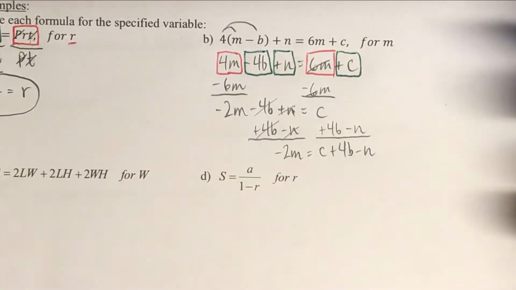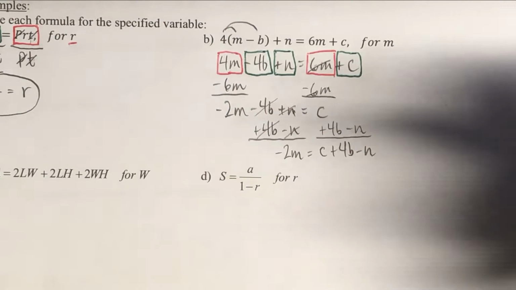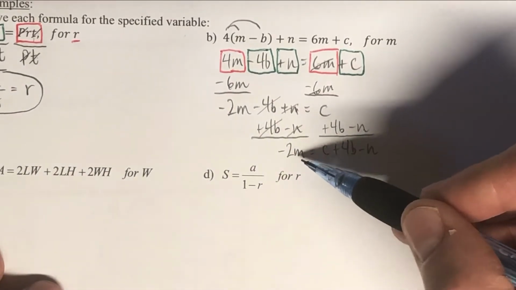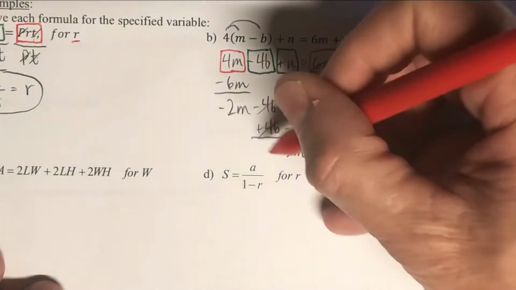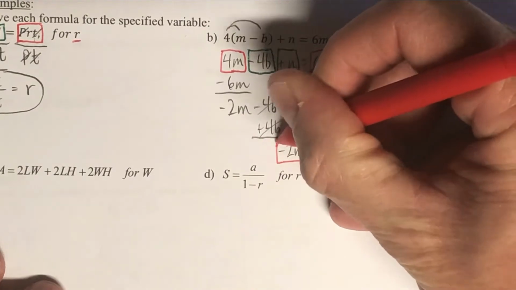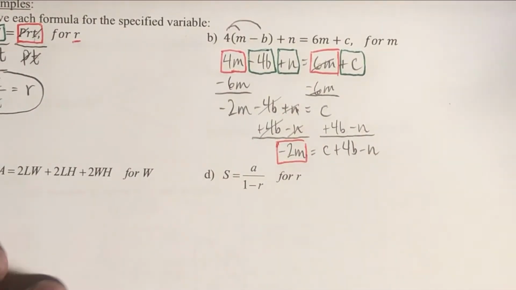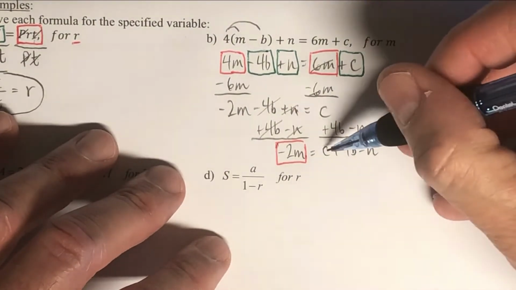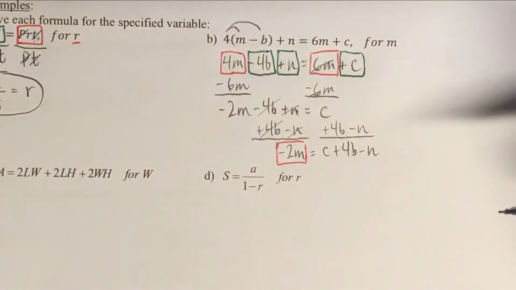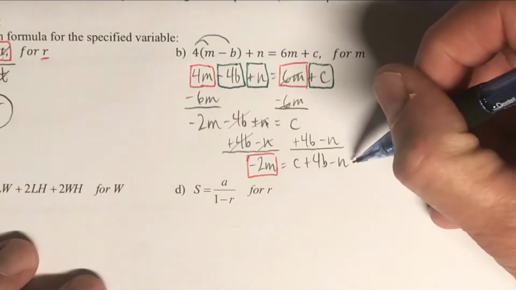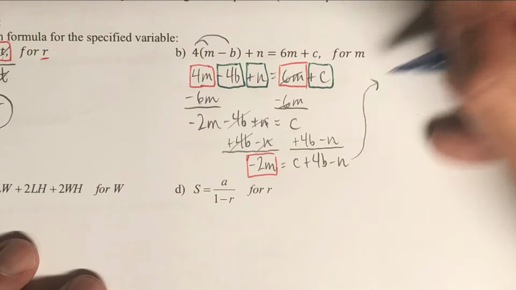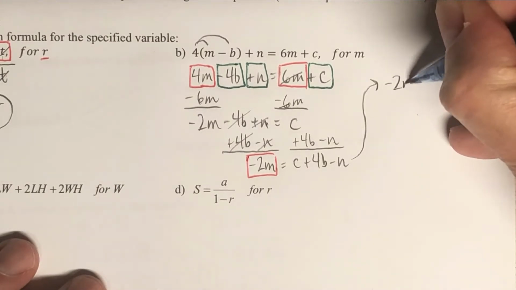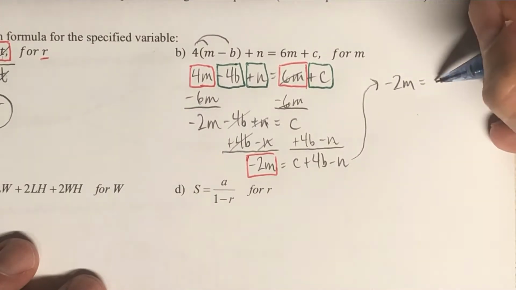As long as you have a single variable term, that's what allows you to divide out to get the m by itself. If you have a single variable term, then you can divide by the negative 2 to get the m by itself. So even though there's a whole bunch of stuff over here, not just one term, that's okay. Because you'll still be able to get the m by itself, and that's the most important thing.